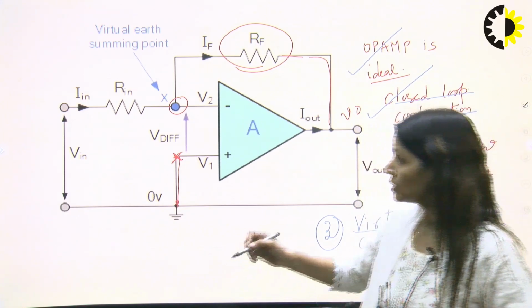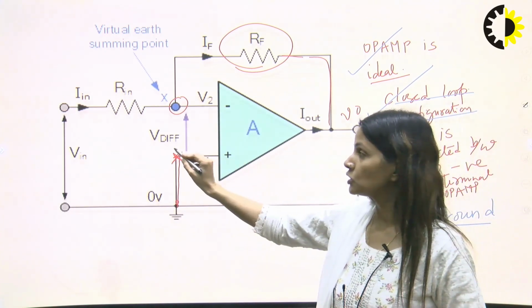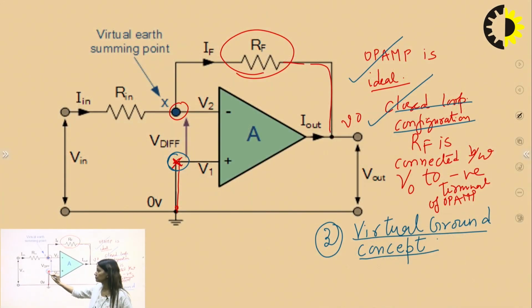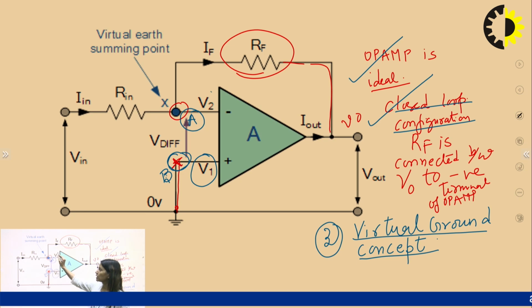Now we must understand the virtual ground concept for the op-amp. It simply means that the voltage of this particular terminal, let's say this point is B and this point is A, let's say it is V1, and the voltage of this terminal is V2.